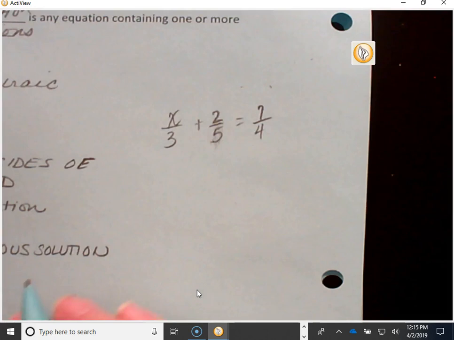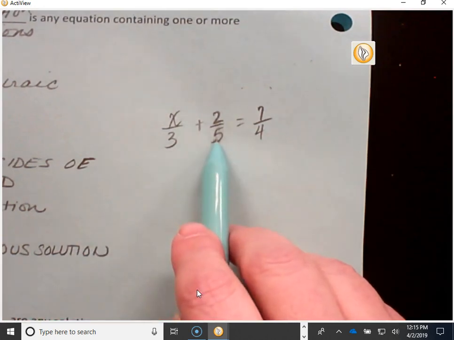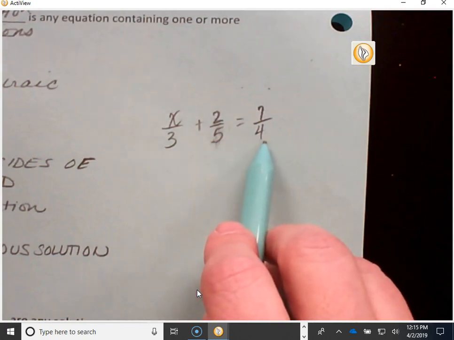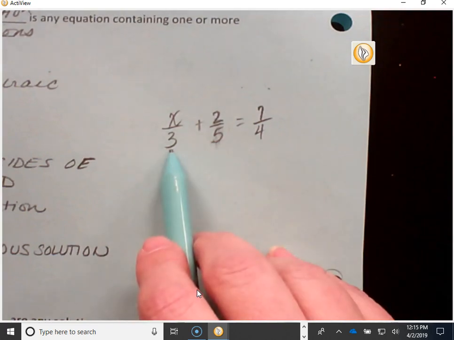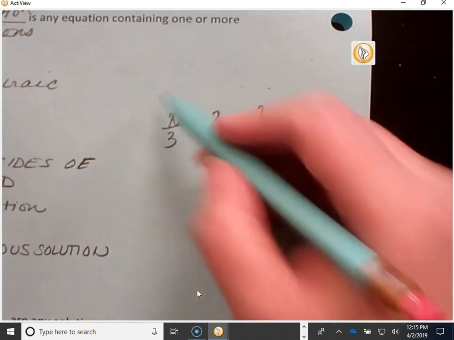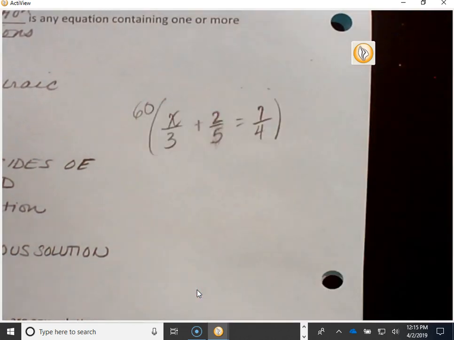Well, our common denominator of 3 and 5 would be 15, and of 5 and 4 would be 20, and of 4 and 3 would be 12, but we need it for all three of those, which would just be the product of them, which is 60. So we're going to multiply every little thing by 60.